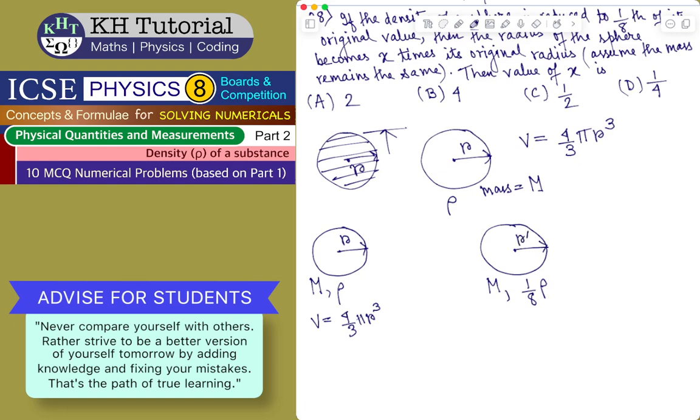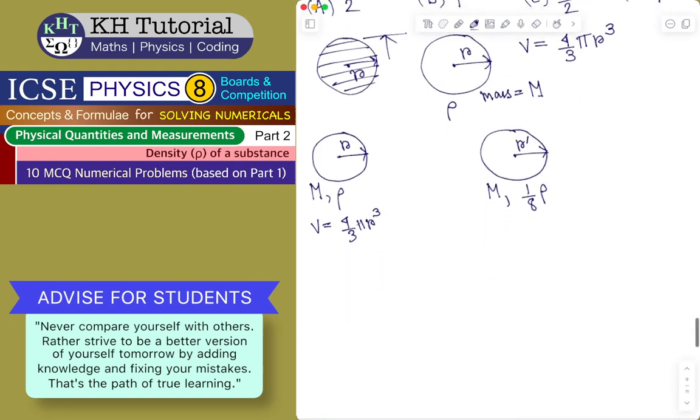Definitely r dash will be more than r, because if you decrease the density of the sphere, the volume is becoming large. The volume is increasing.